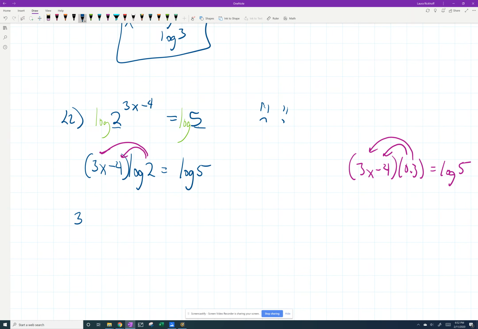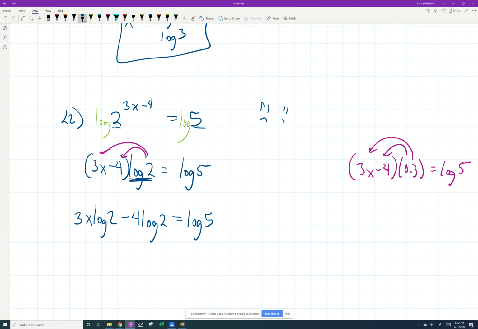So the log of 2 is like 0.6. It's a number, right? So we're going to do 3x times the log of 2, and we're going to keep it in that exact form. And then when I do 4 times the log of 2, I'm just going to keep it as 4 times the log of 2.